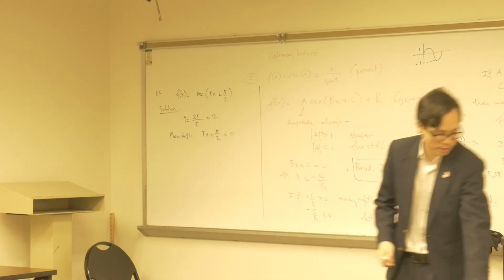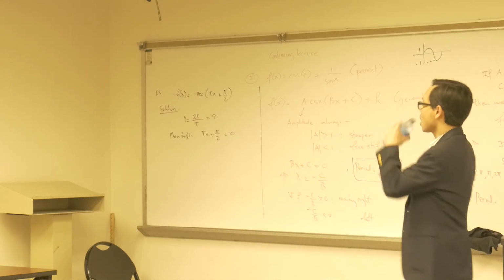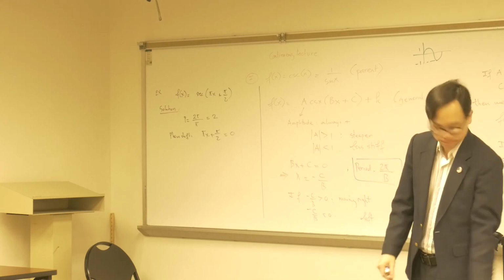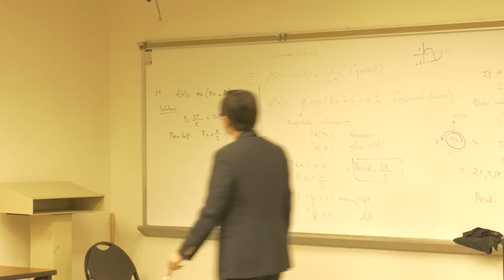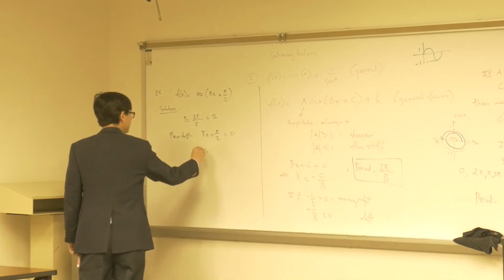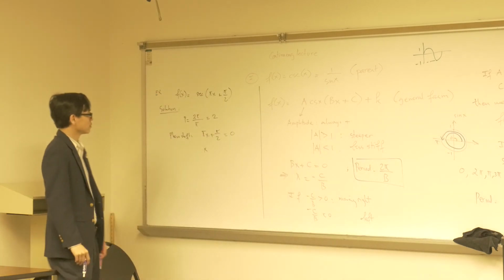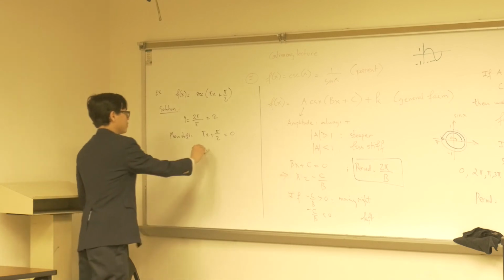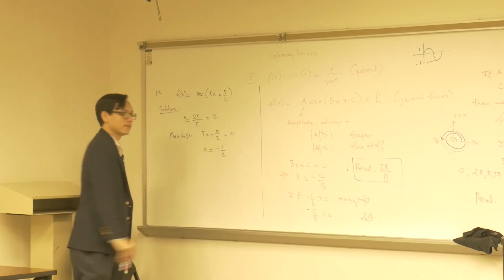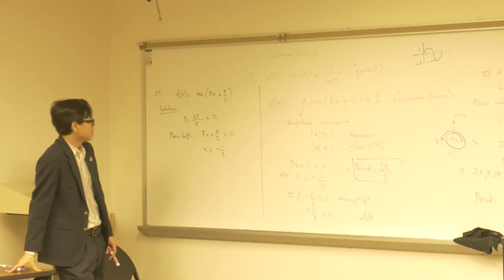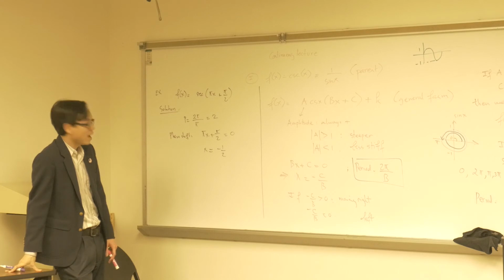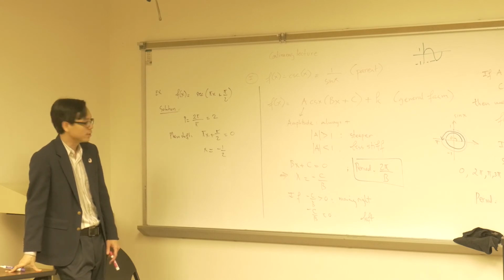Then x equals what? What do you think? Negative 1/2. Negative half. Now do you move left or right? Left, because it's negative. How many units do you move left? Half unit.